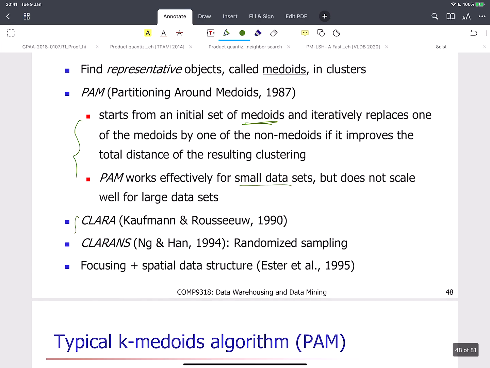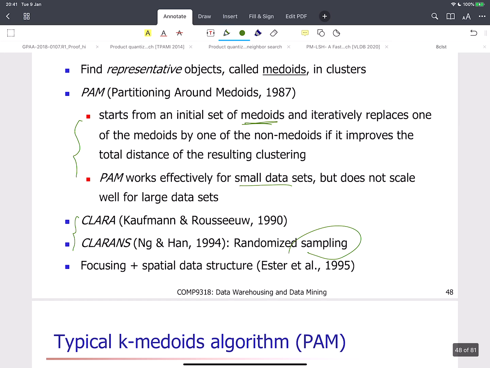That's why there are different kinds of algorithms, mainly based on sampling. The general idea is that sampling, even random sampling, is a very effective way to preserve certain global statistics of the data set.